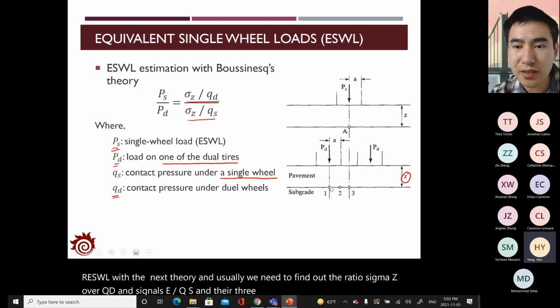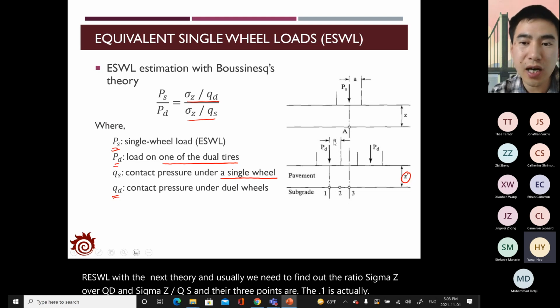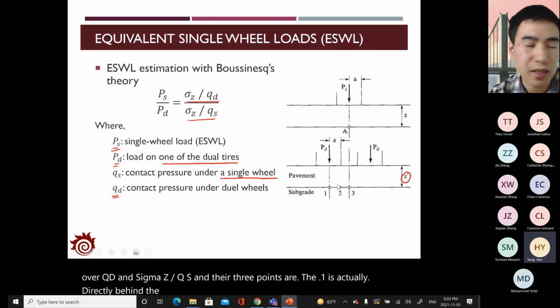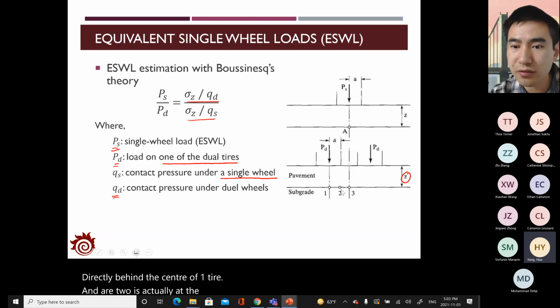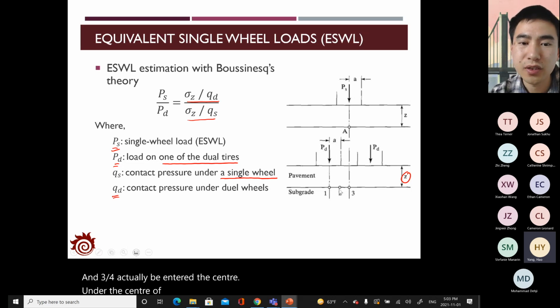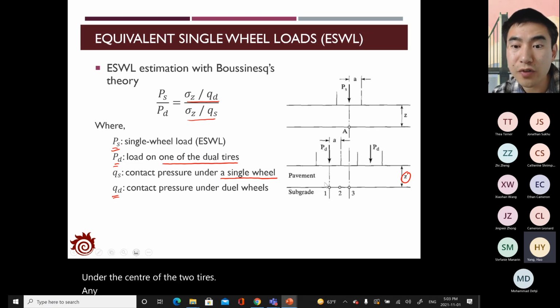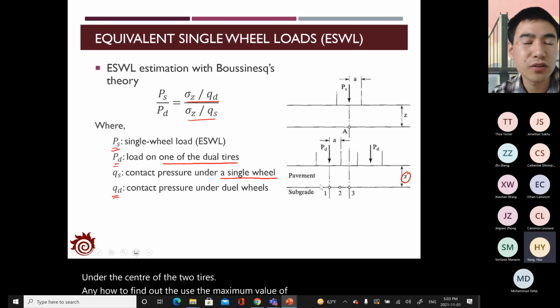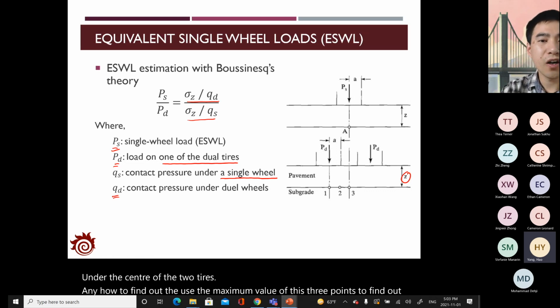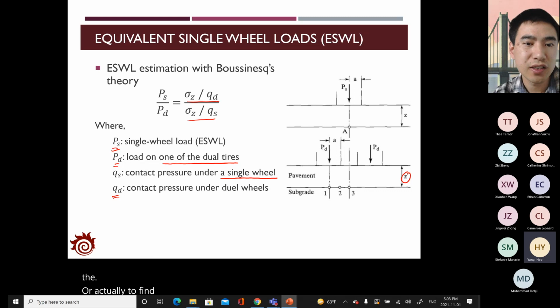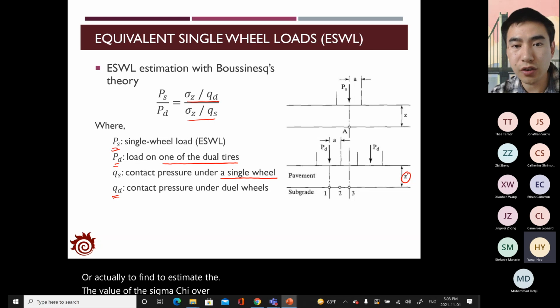Point 1 is directly beneath the center of one tire, point 2 is at the edge of the tire, and point 3 is under the center of the two tires. You have to use the maximum value of these 3 points to estimate the value of sigma z over QD and sigma z over QS, and use that value to calculate the single wheel load.